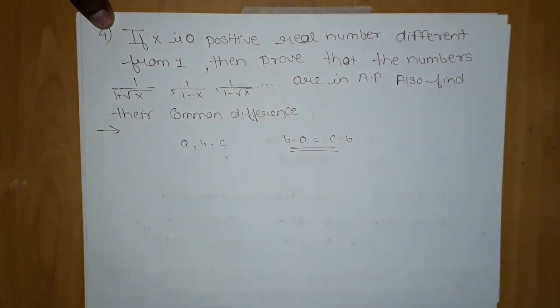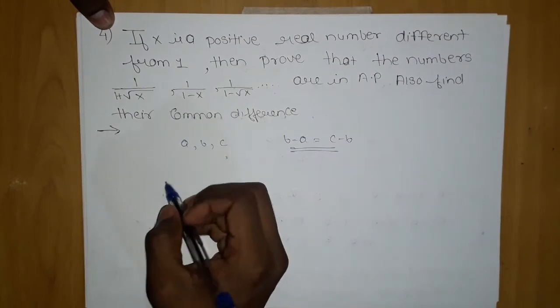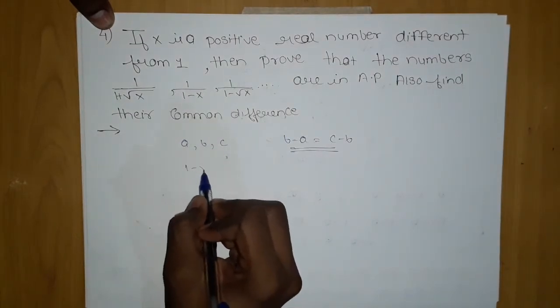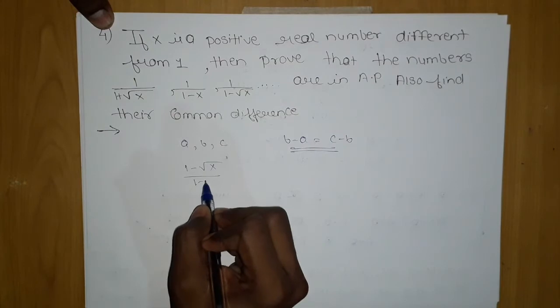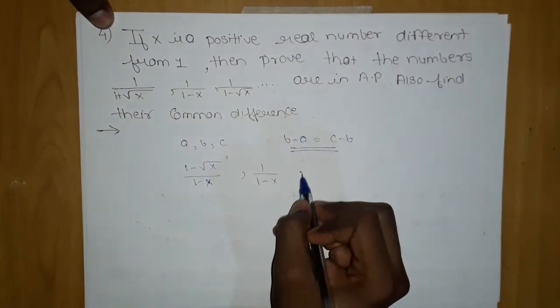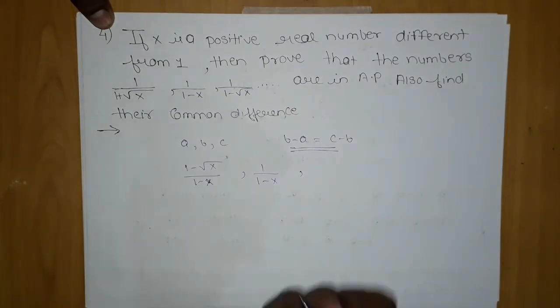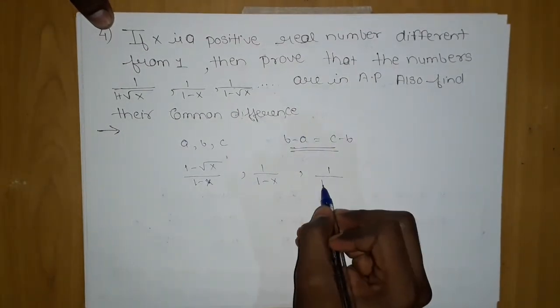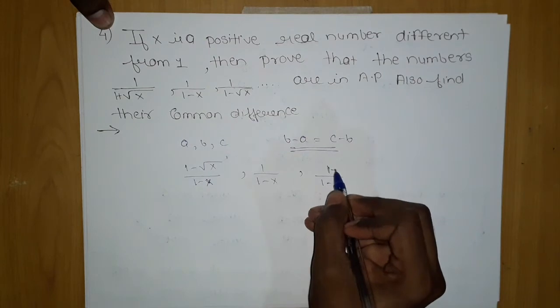When D is equal, what does it mean? That they are in AP. But here there is an under root, so how can I easily calculate it? Just rationalize, which will give me minus under root x upon 1 minus x. This I will not rationalize because it is simple already. Why do I need to complicate things? Then here I will get 1 minus under root x upon 1 plus under root x.